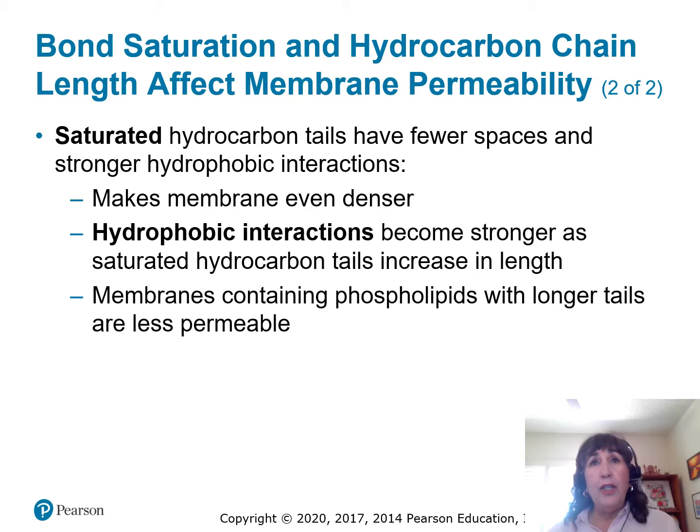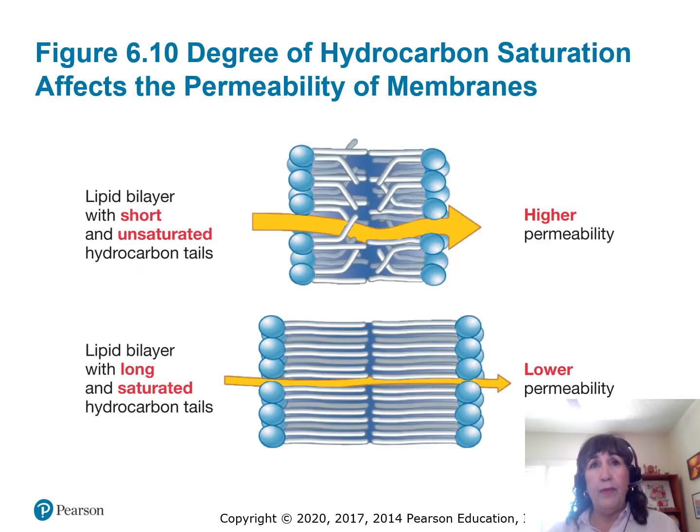If the tails are saturated, that means they're all single bonds, and there are very few spaces in between the tails because they're more densely packed to one another, like sardines in a can. Then it'll be very hard for molecules to squeeze in and move across the layer. Hydrophobic interactions will become stronger, and this will actually decrease permeability. Membranes containing phospholipids with even longer tails will be even less permeable.